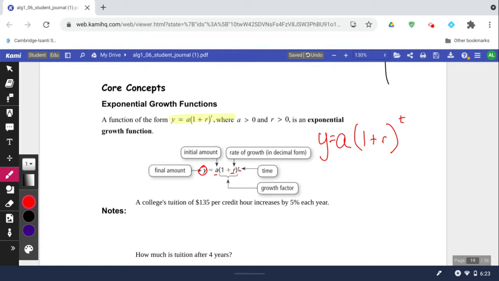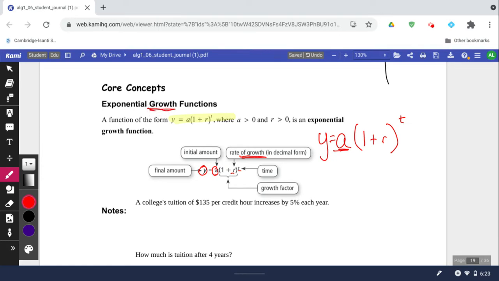Okay, a is your initial amount, however many you're starting with or whatever your starting value is. r is going to be your rate of growth. This is the one that we use with exponential growth, if it's growing in value.